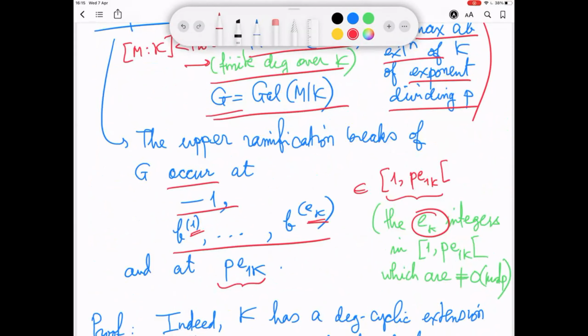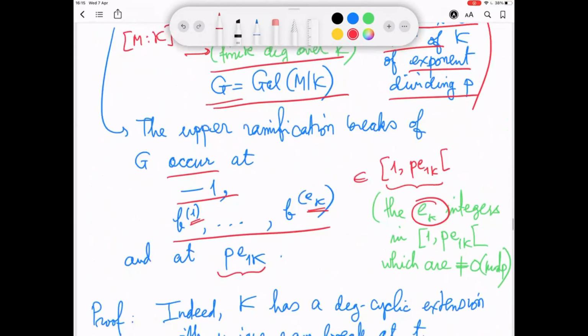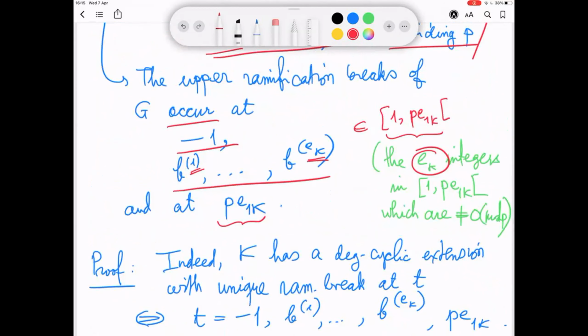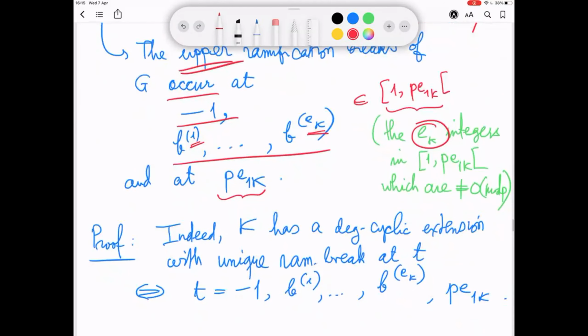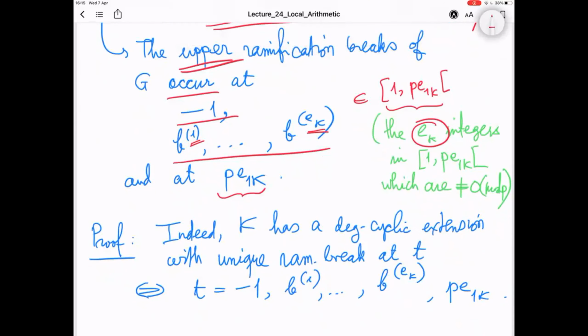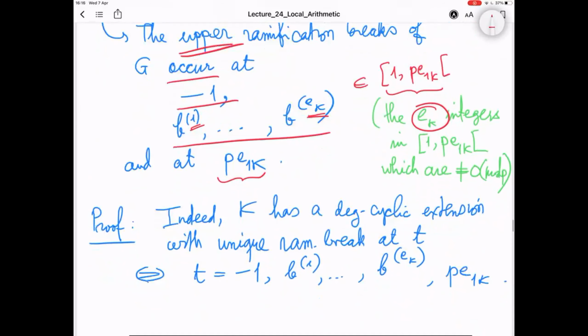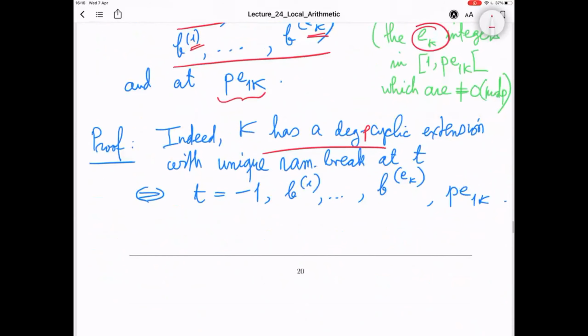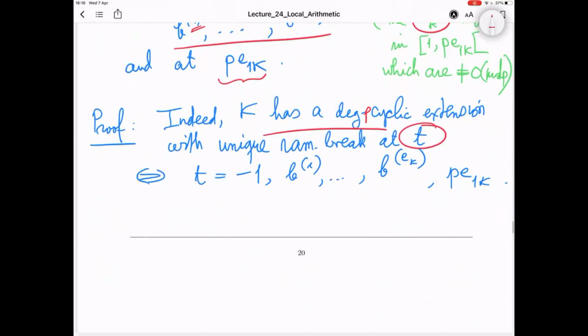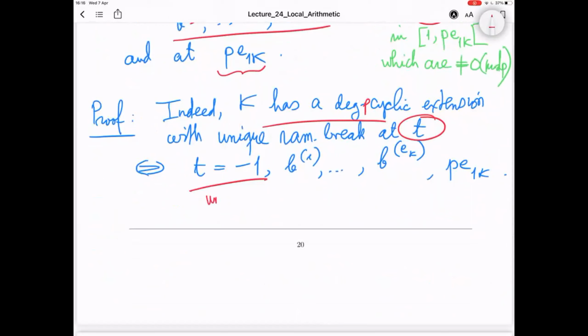Why? Because we have proved that for such an extension, the upper ramification breaks occur precisely at the unique ramification breaks of cyclic extensions of degree p contained in this M. So degree p cyclic extensions with a unique ramification break at t, then this t is either -1, this is the unramified case, right?